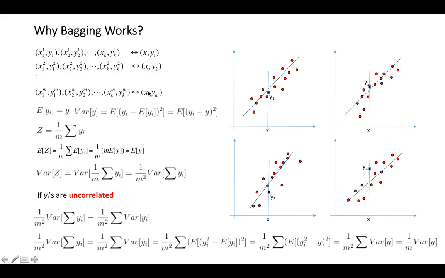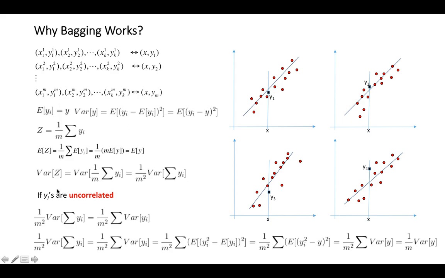And let's say that at the same point x, if you take the average of the responses here, 1 over m summation of yi, you see that the variance of this random variable is 1 over m squared times the variance of the summation of yi.